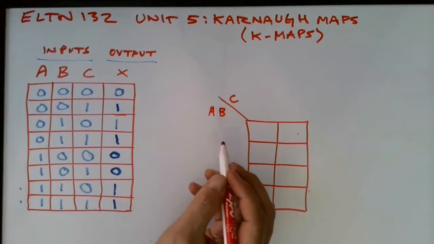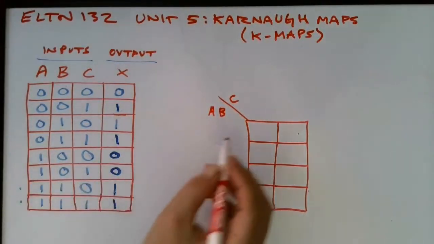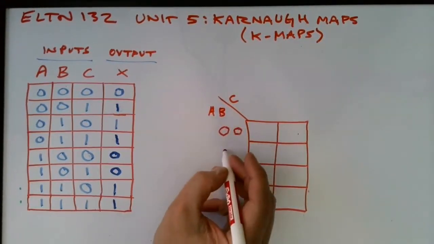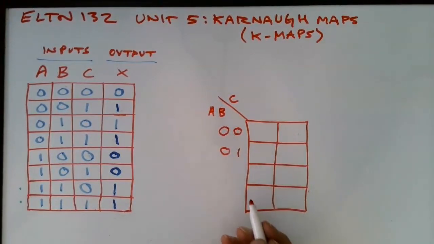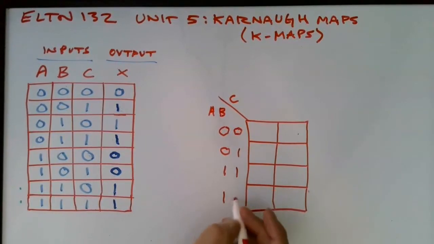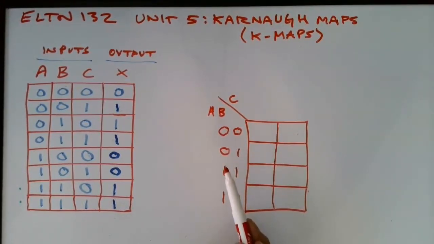The way that these are written is a very specific sequence. So we write A is 0 and B is 0, then A is 0, B is 1, and this is where it gets a little funky. We write 1, 1, and 1, 0. So it's not in the binary counting sequence. The reason we do that is we only want one transition of a variable between any two rows or any two columns.